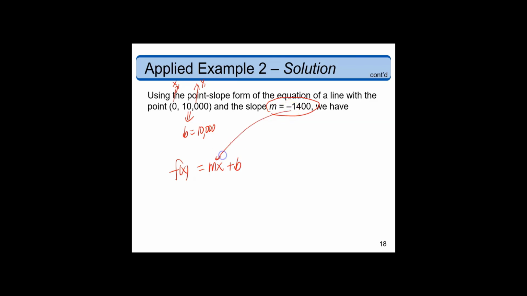Plug in the slope and the y-intercept, and we get the model f of x equals negative 1,400 x plus 10,000. Here the dependent variable is v of t, the value of the server, and the independent variable x is time t. So we can use this model to represent the relationship between time t and the value of the machine.